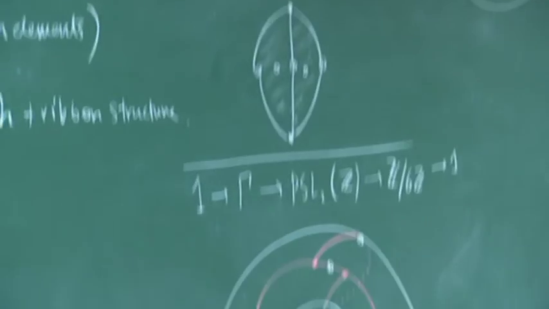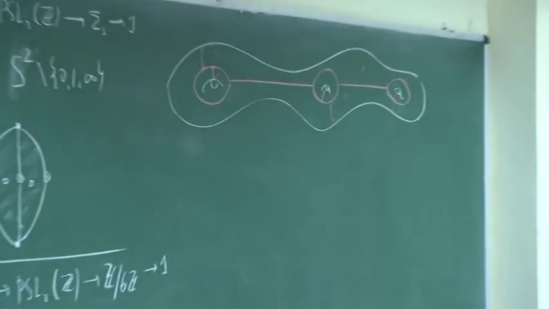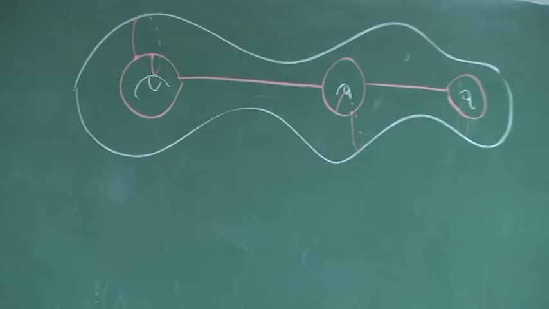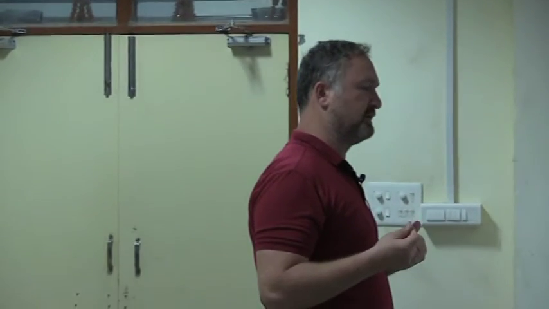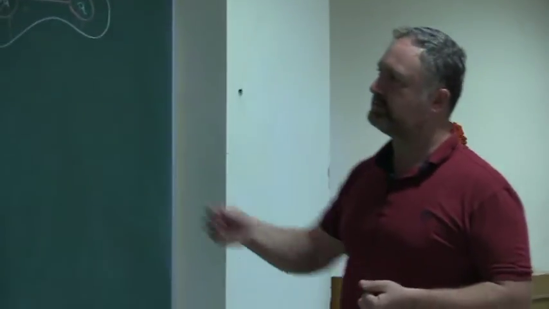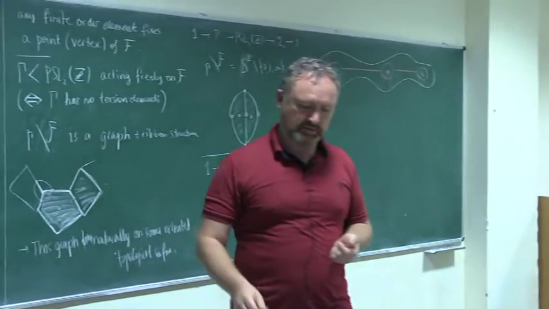However, if this surface is constructed from the graph the way I described, then the complement of the graph inside the surface must be a set of disks. And it is not very easy to do that: given a topological surface, you draw a graph on it so that its complement is a union of punctured disks. So this is the general situation, and I would like to concentrate on this a little bit more.